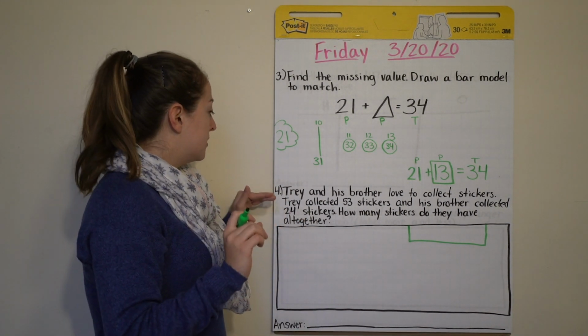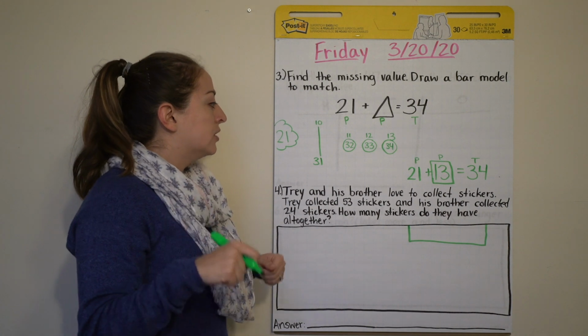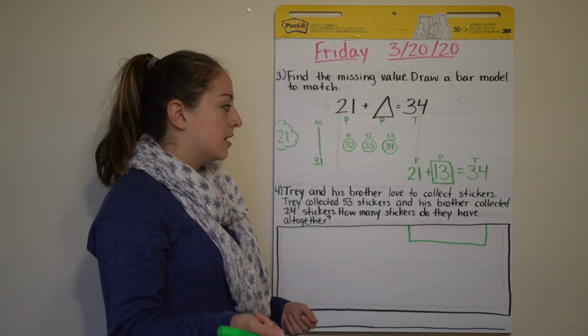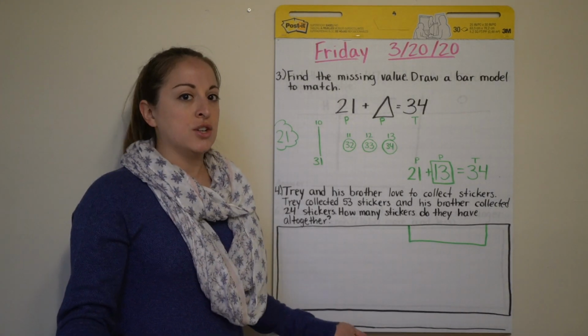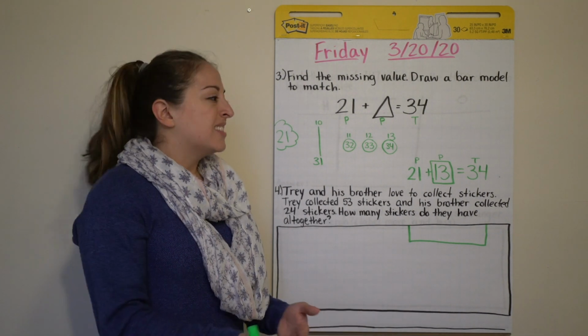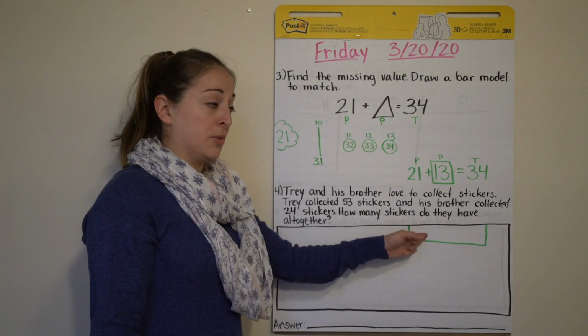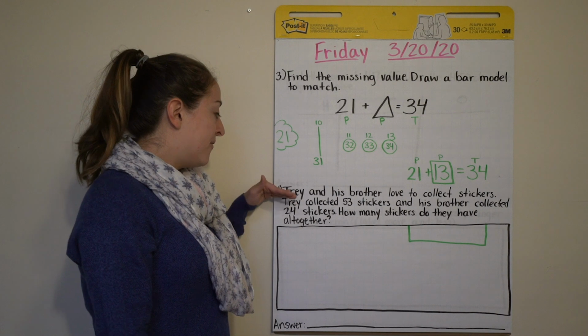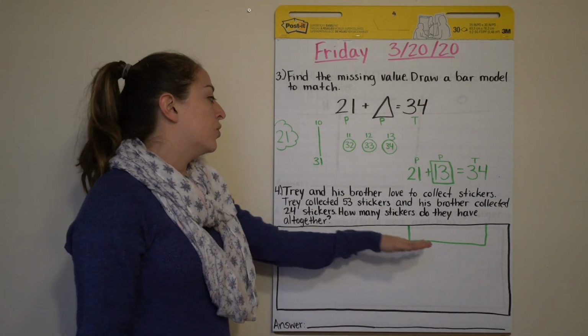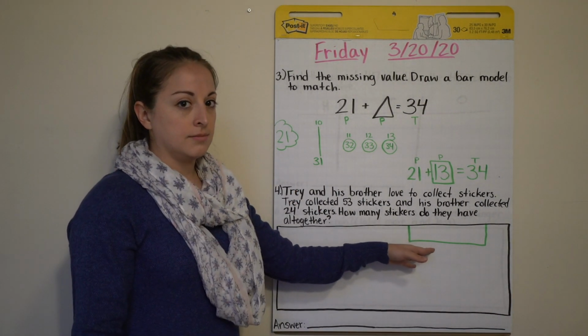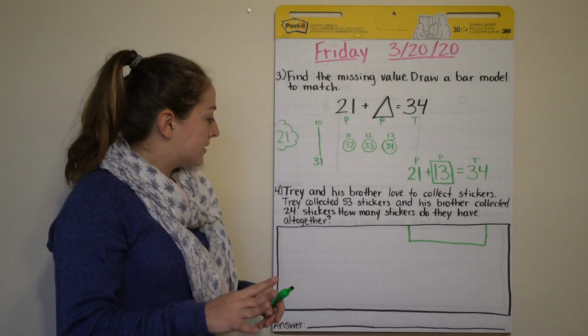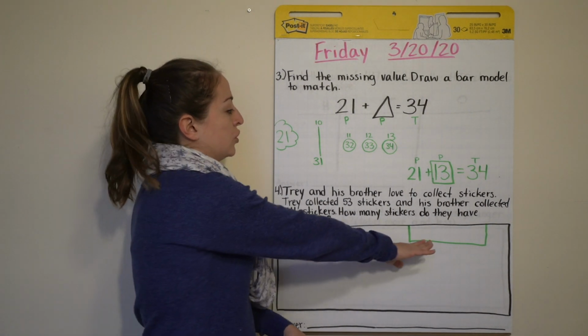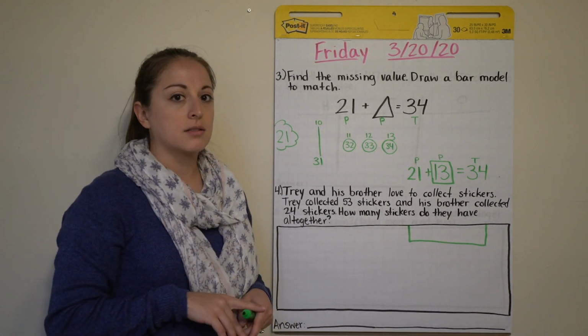This first sentence, Trey and his brother love to collect stickers. That's just giving us information about our word problem. That's not going to be a part of our number sentence. So that first sentence will not help you create your number sentence. So I want you to take a second and I want you to write your number sentence in that box.